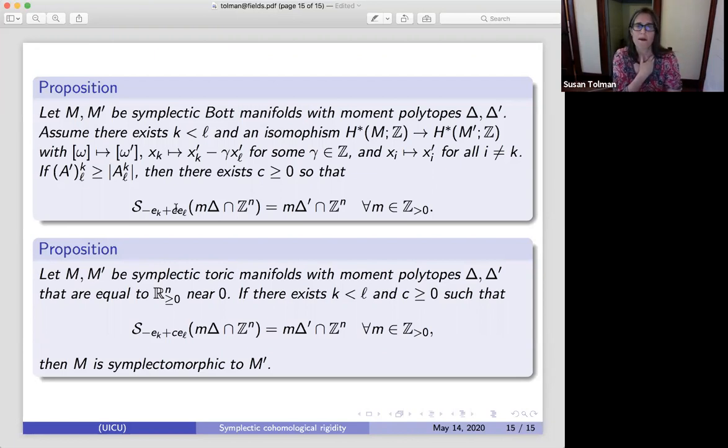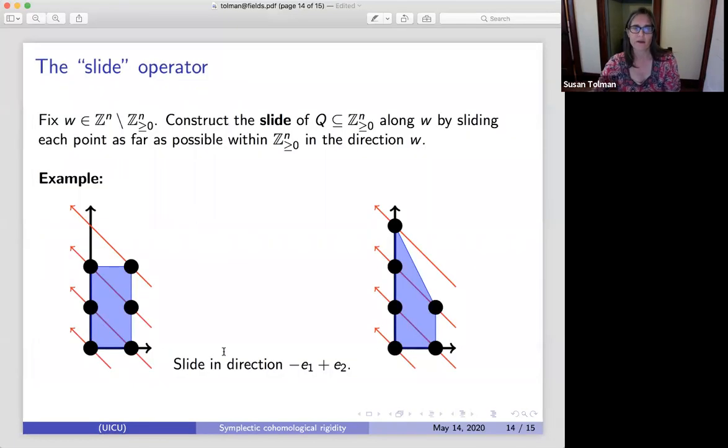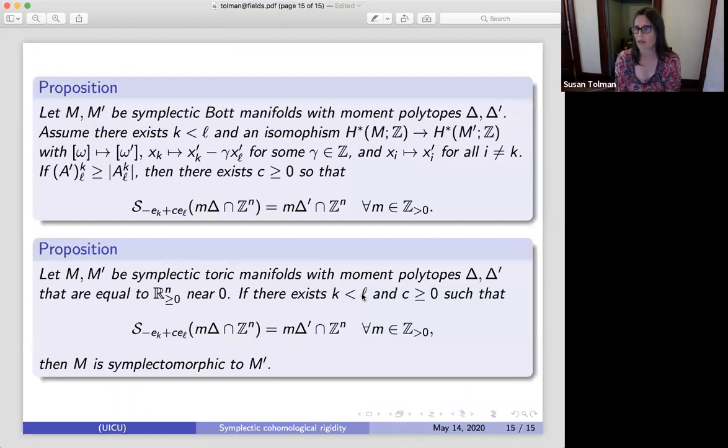So again, this is exactly what I had here, where I say, great, I can get from this one to this one just by sliding. And I'm saying that that's a perfectly general statement whenever I have them related to each other by one of these special isomorphisms.